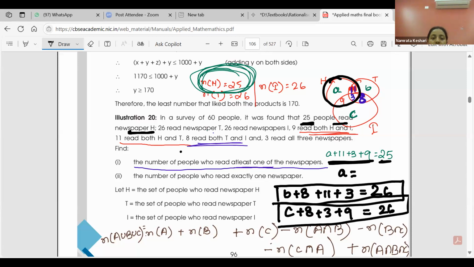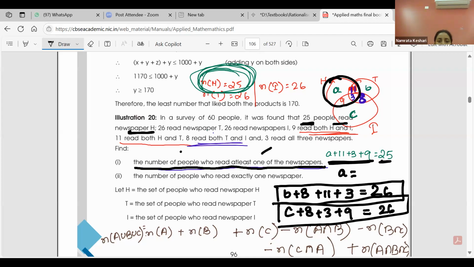Now you have all the data. Each and every data. You just have to answer the question properly. So the number of people who read at least one newspaper, minimum one newspaper. That means it can be two, it can be three.